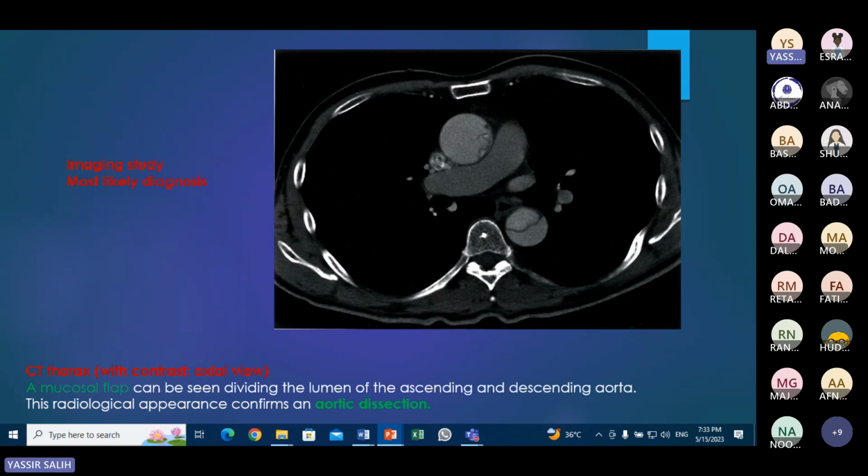Also this is CT with contrast, or we can call it CT angiogram. Both are correct: CT with contrast or CT angiogram when the blood vessels are shown. What abnormality do you see?